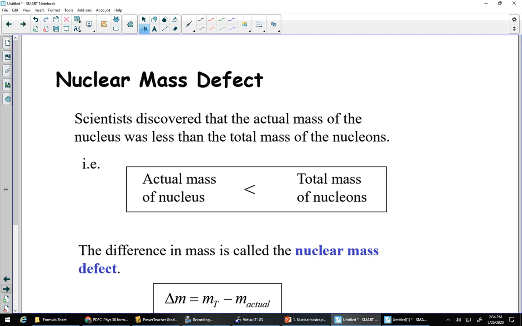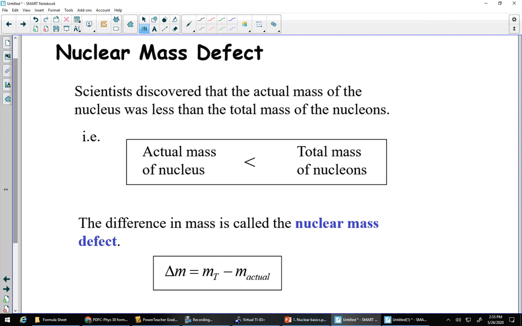Next thing that we want to talk about is, so we know what's inside of the nucleus. To start anyways, we'll learn some pretty crazy stuff as we go through. We know what holds the nucleus together. It's the nuclear strong force. The next thing is, something funky goes on when that strong force is actually holding a nucleus together. So scientists have discovered that the actual mass of the nucleus is actually less in every case than the total mass of the individual nucleons.